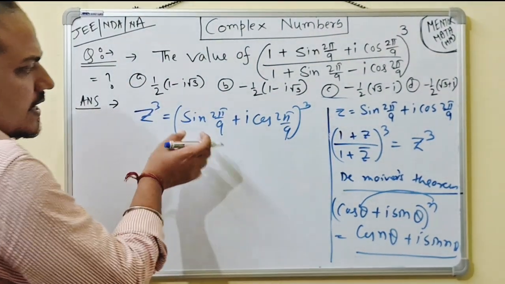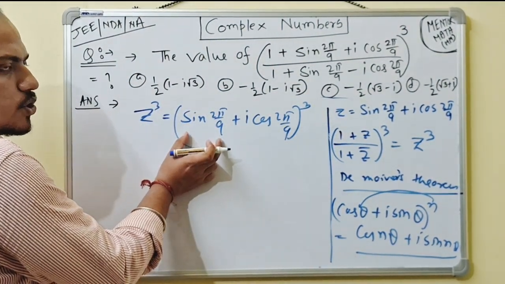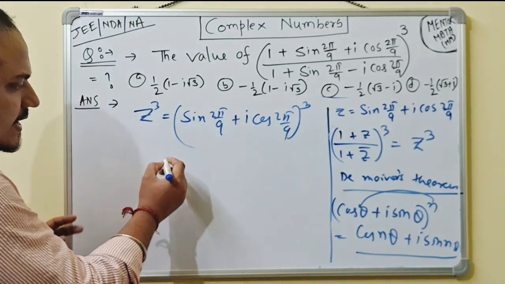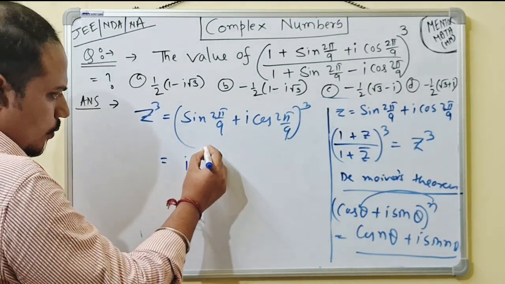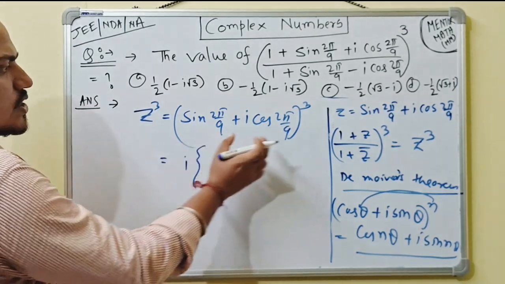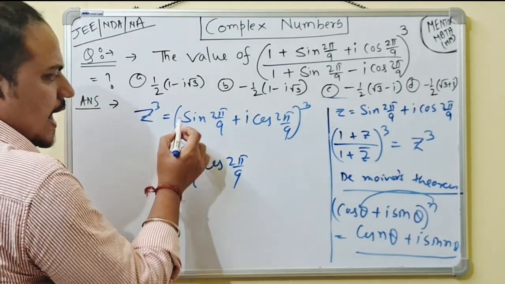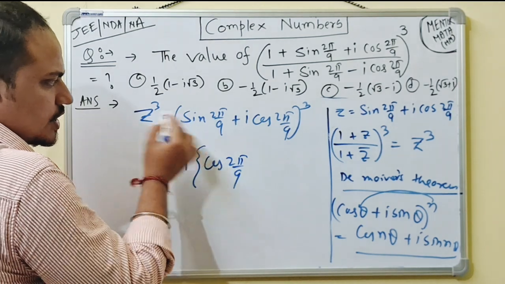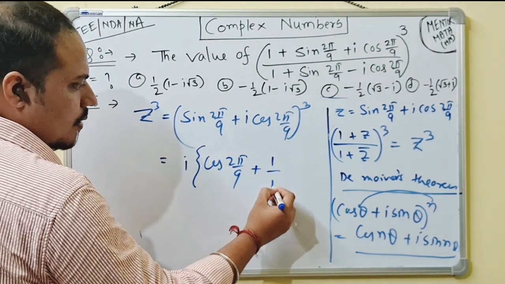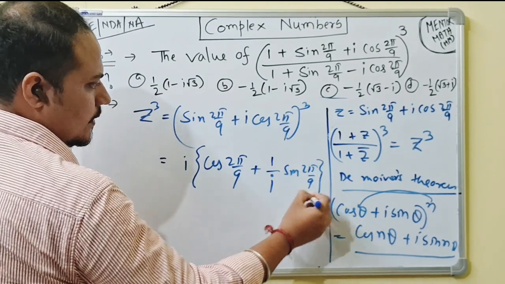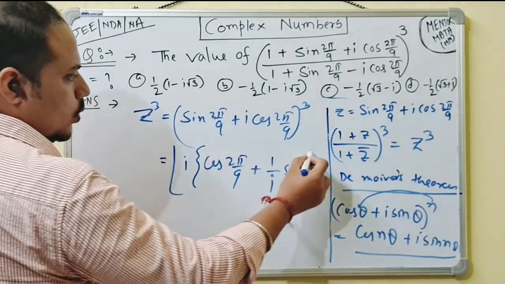Okay, so now here the real part is not in cos form, so you have to change it that way. So you can take i as common. If I take i common, that means you can write cos 2π/9, and this term you can write as 1/i sin 2π/9, and then whole cube.